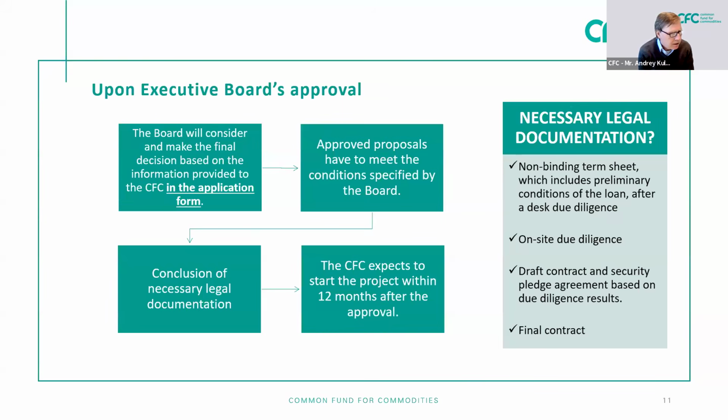We will then proceed to due diligence checks after the decision of the Executive Board. We will first do desktop due diligence and come back with any questions, then somebody will visit the project site to do on-site due diligence and to verify everything that has been mentioned in the application form. Then we proceed to prepare the relevant legal documentation and propose certain terms and conditions.